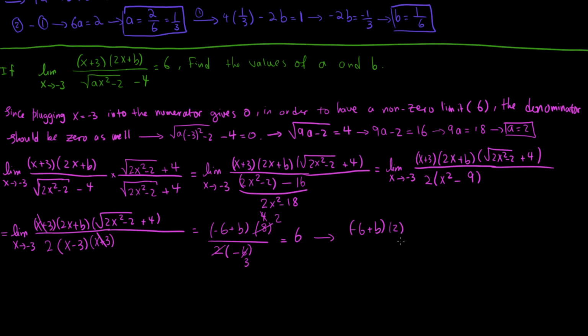So it's (−6 + b) times 2, and then multiply this in is negative 3 times 6, which is negative 18. So −6 + b is negative 9, basically dividing both sides by 2, which means b is equal to negative 3.